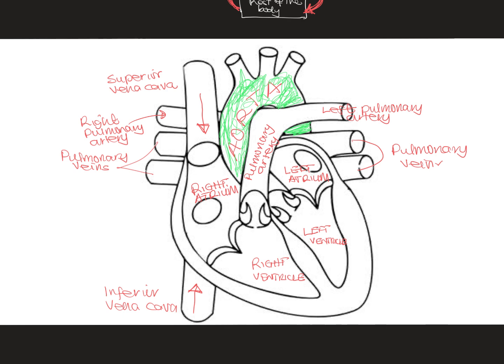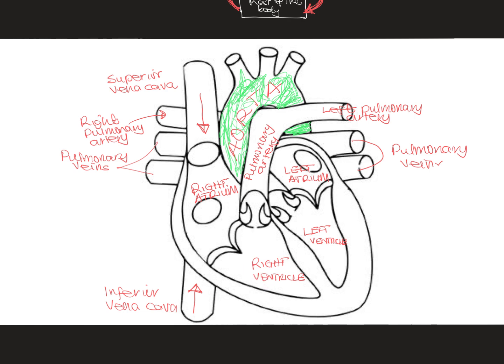So we will also talk about the 4 valves that we have in the heart. Remember, the circulatory system has valves. It has 4 valves in the heart, and the venous system also does have valves. Okay, let's name the valves in the heart. This valve is called the tricuspid valve. It is connecting the right atrium and the right ventricle.